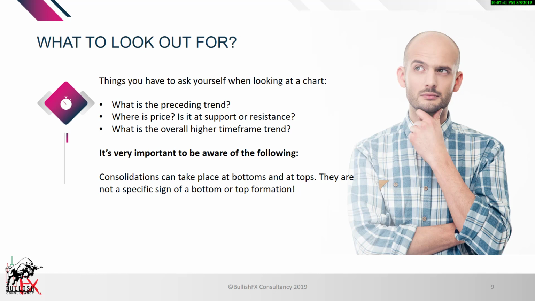These are the main things that you have to ask yourself. What is the preceding trend of this structure? Say for example, you are working on a daily structure. Then you open your chart, it's a Wednesday. Then you look at the chart, you're like, okay, Tuesday, Monday, Friday, Thursday, which is the previous days, market has been moving to the downside.